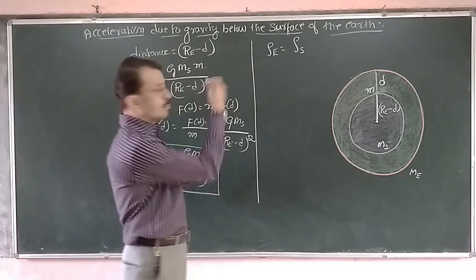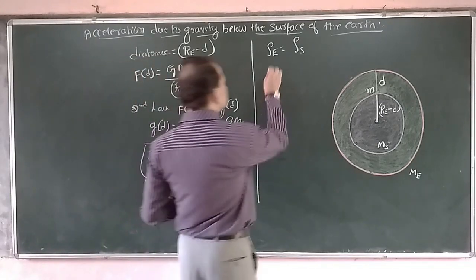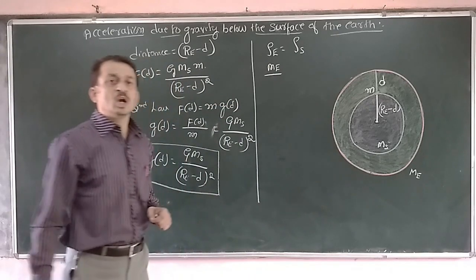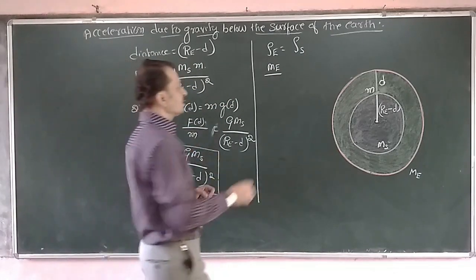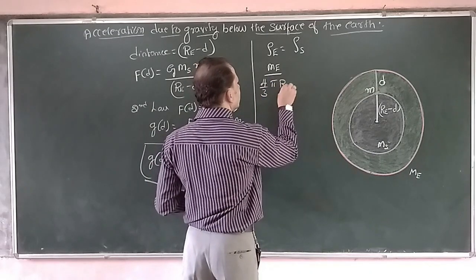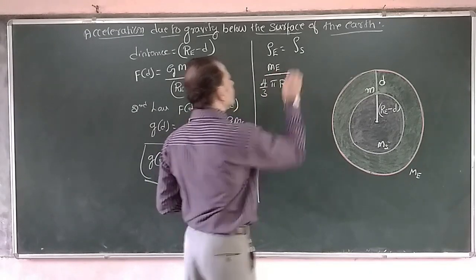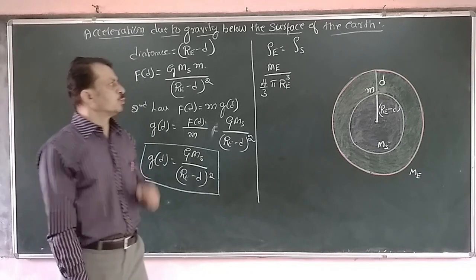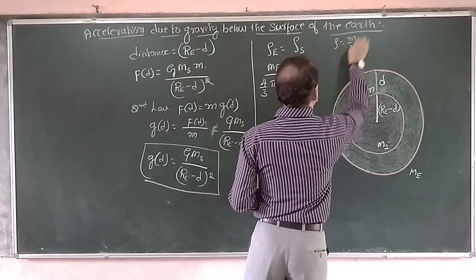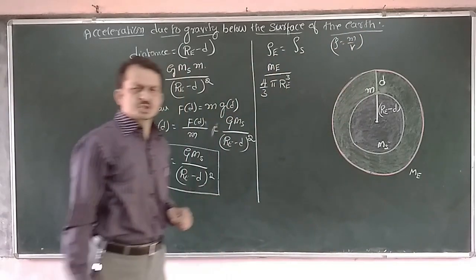What is density? Mass by volume. Now what is the mass? That is mass of the earth Me divided by volume of the sphere, 4 by 3 pi Re cube. So density is equal to mass by volume. That relation we are making use of.